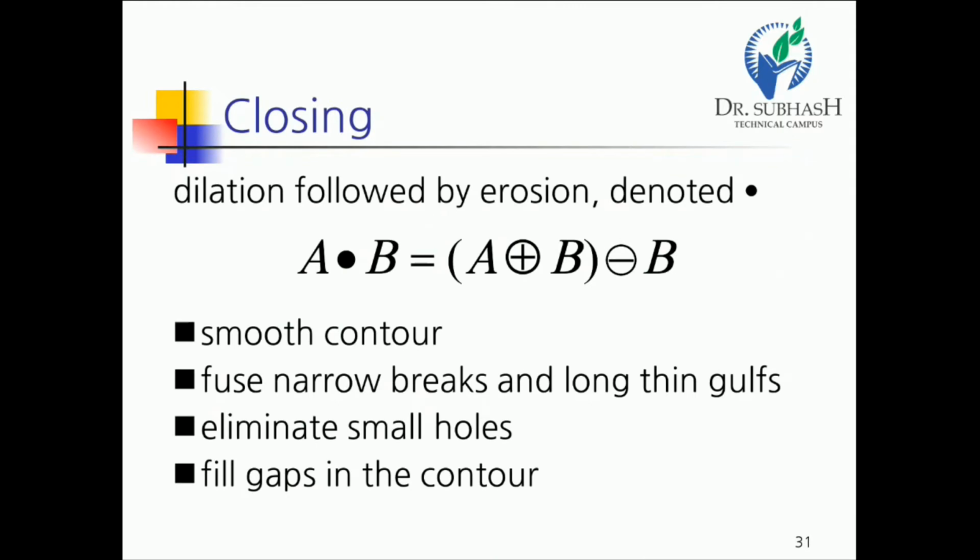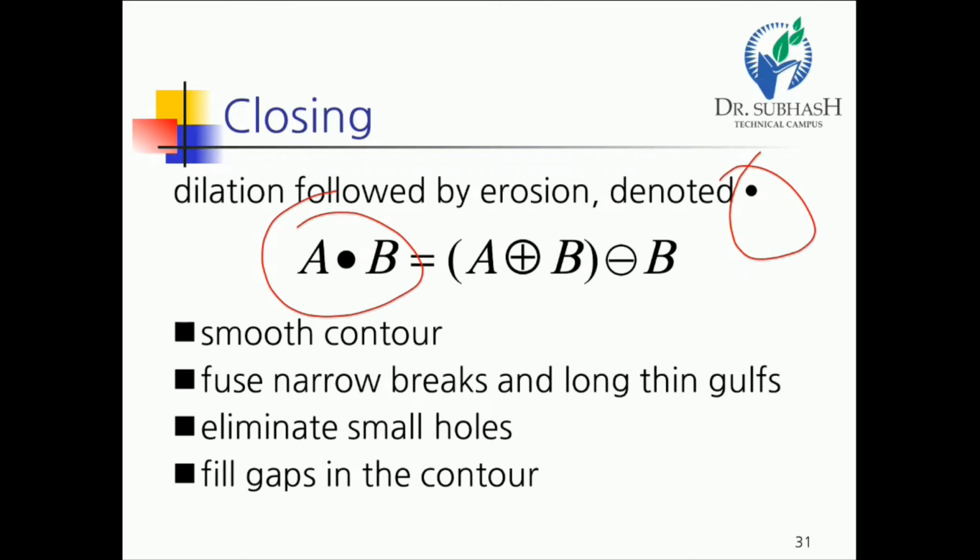Now the function of closing. Dilation followed by erosion is the reverse process of opening. In the previous one, erosion is followed by dilation, and here it is denoted with a dark dot.